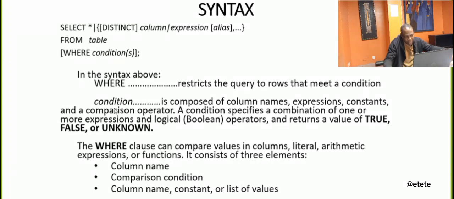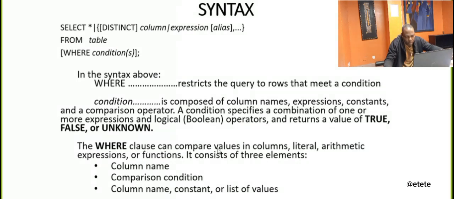Now, in this syntax, a condition is composed of column names, expressions, constants, and a comparison operator. A condition specifies a combination of one or more expressions and logical operators, and returns a value of true, false, or unknown.